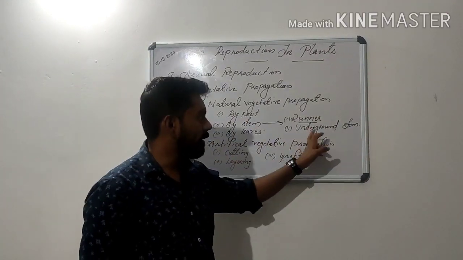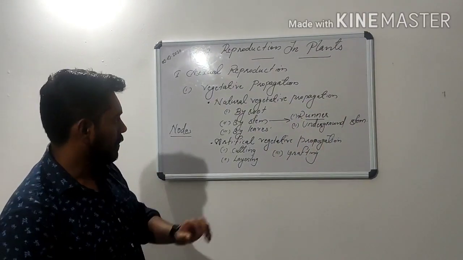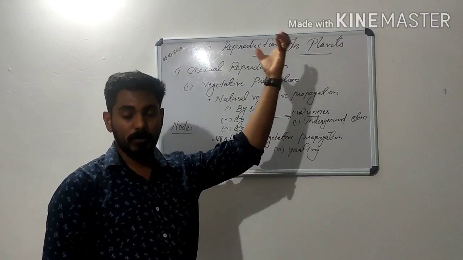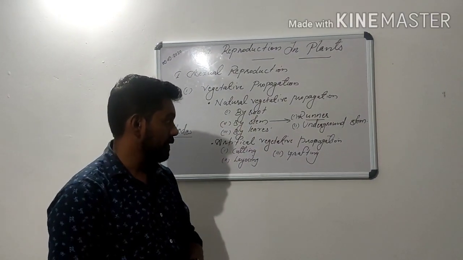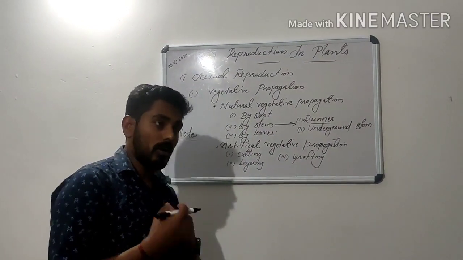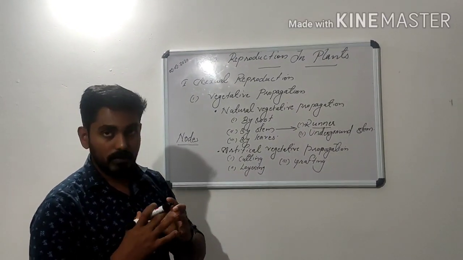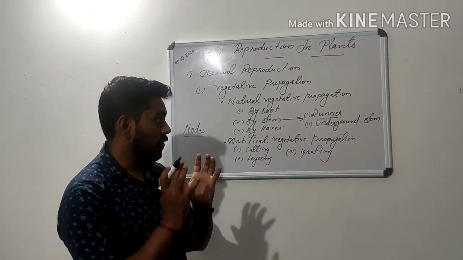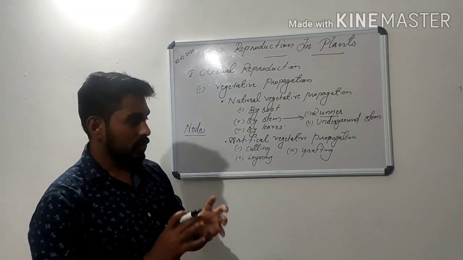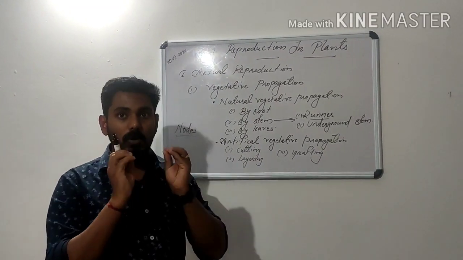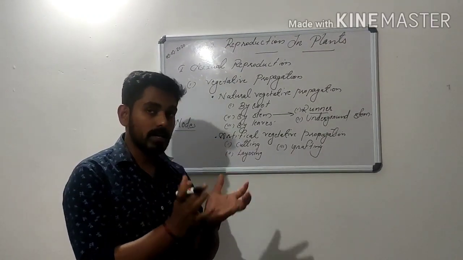The next one is the underground stem. What are examples of underground stems? Potato. Potato is a type of stem, an underground modification of stem to store food. Potato is a stem, so there are scars on it. There are so many scars on it.